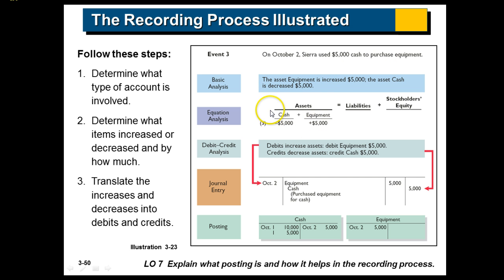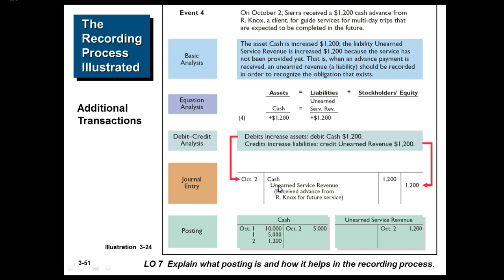Assets are just being affected, cash and equipment. What gets debited, what gets credited, and then we go and post those things. So in this case, cash is going to be credited for $5,000, as you can see here, and our equipment for $5,000 is being debited. So this is basically the process of recording transactions. Really an important item to understand.